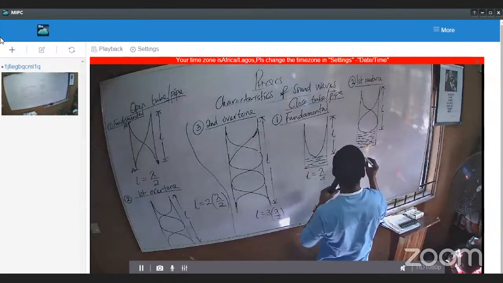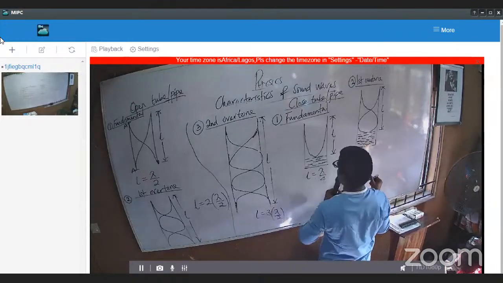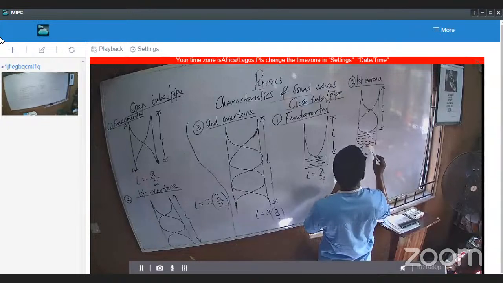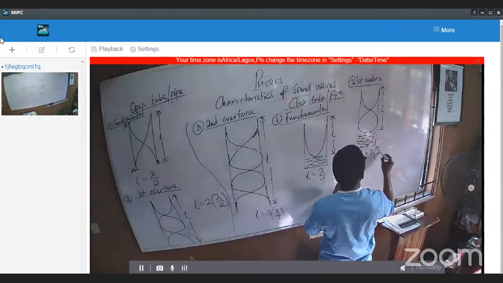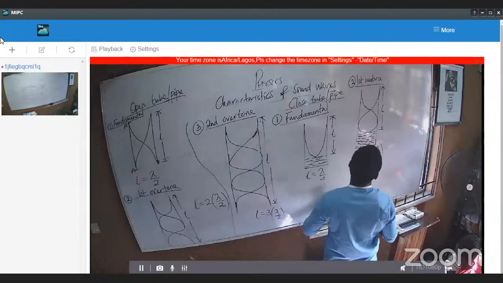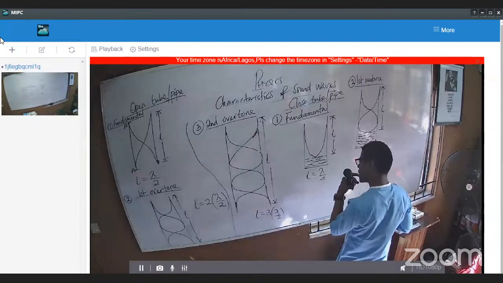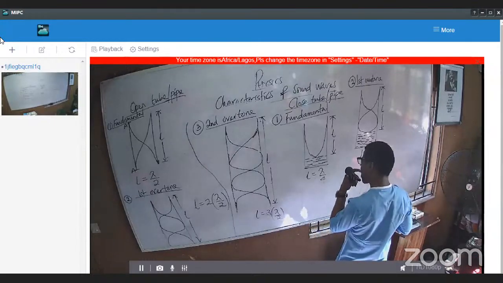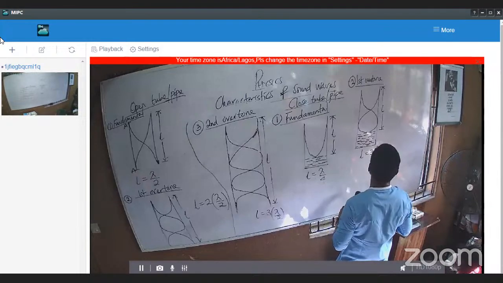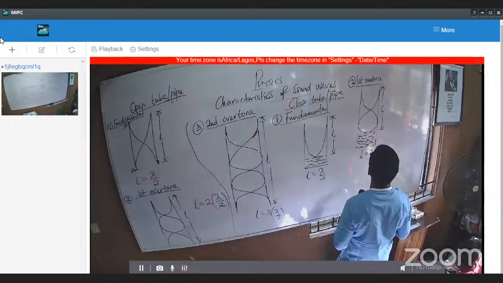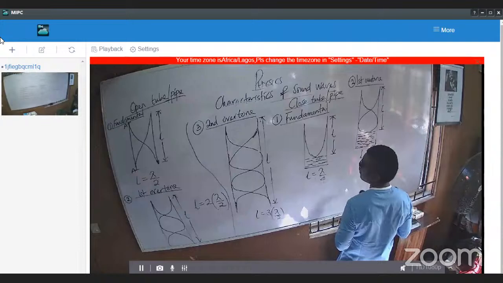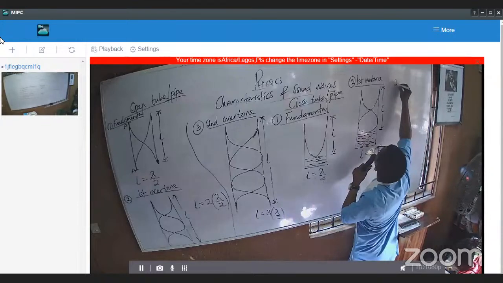So L is 3 into lambda over 4. Second overtone.